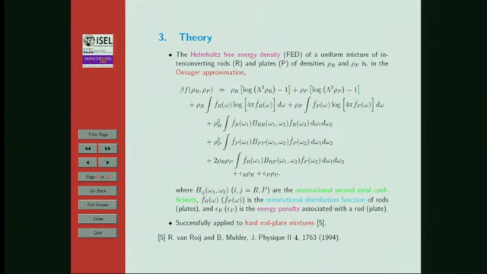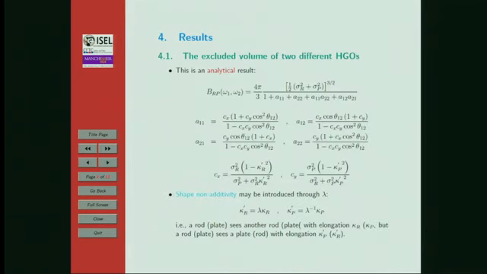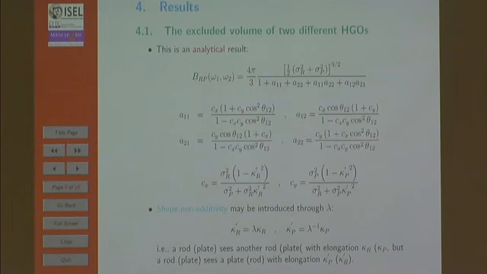And here it is. You can find it in an analytical form, and this is what it looks like. Okay, perhaps not very pretty, but it's effective. So there you go. This is what we're going to use, the rod and plate versions of that being already known. And again, the shape non-additivity, this is how one might introduce it, although, as I said, we won't be using it here.